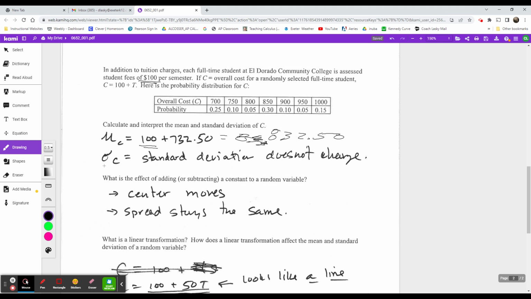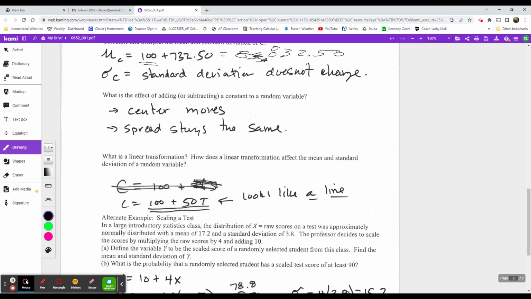And standard deviation doesn't change at all because all we're doing is shifting the numbers to the right by $100. So the effect of adding and subtracting a constant for a random variable is the center moves left or right, and then the standard deviation or the spread stays the same. So it doesn't really matter.